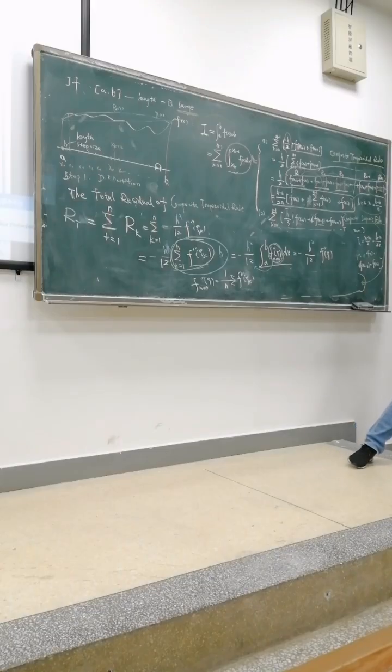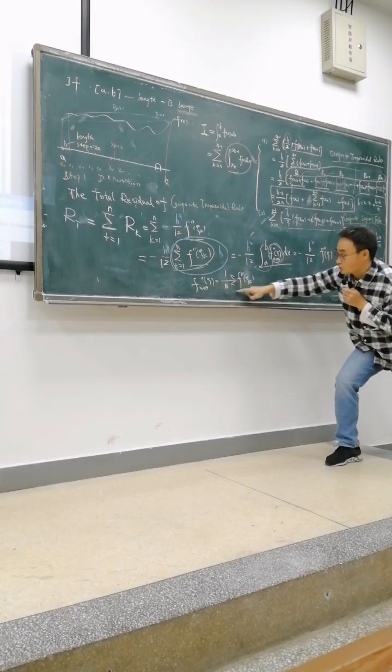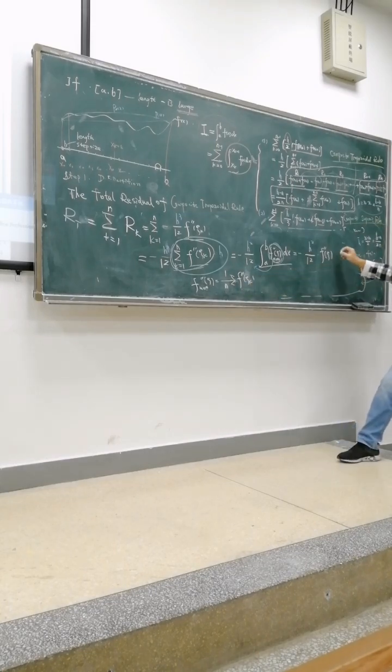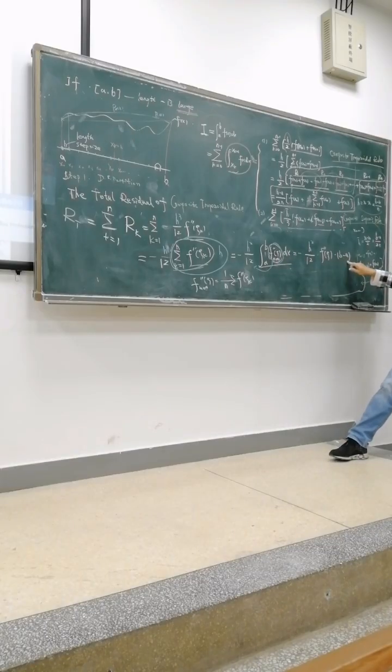That's the mean value theorem: there must exist one constant equal to this, right? So here is just b minus a, because the constant outside leaves just 1 here, right? This is b minus a.